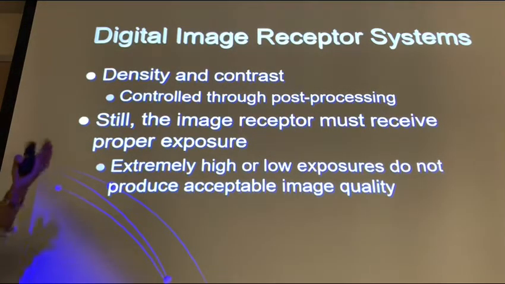Still, the image receptor must receive proper exposure, otherwise it's not gonna work very well. If you underexpose it, quantum mottle is a problem. If you overexpose the detector, you start getting very gray images. The system is overloaded with information, so you have to be close to the range of exposures you can use.